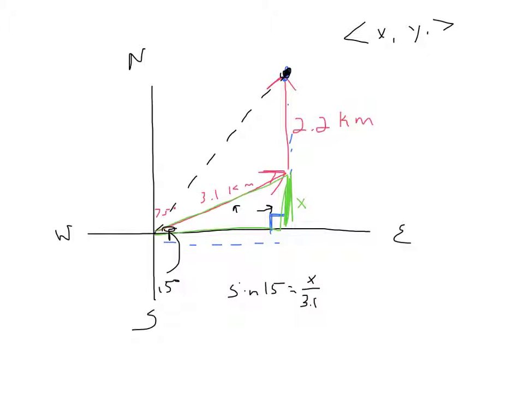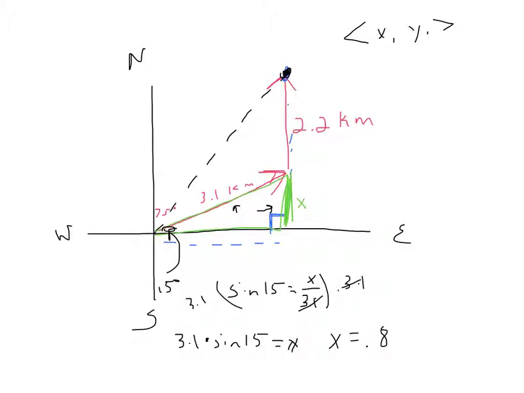I set it up just like I did, opposite over hypotenuse. I want to get x all by itself, so I'd multiply this entire thing by 3.1. Essentially, they would cancel out over here, which means I'm multiplying there. So now I have 3.1 times the sine of 15, and that's going to equal x. When you multiply that out, x is going to equal roughly 0.8.